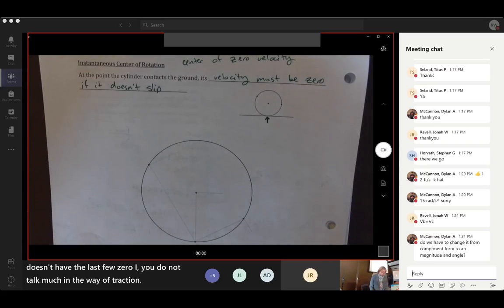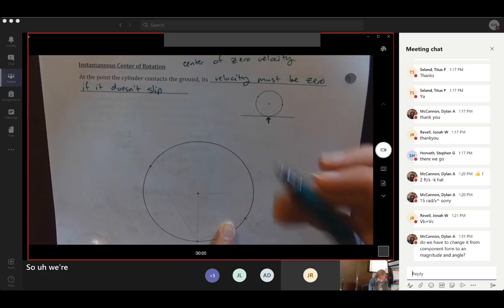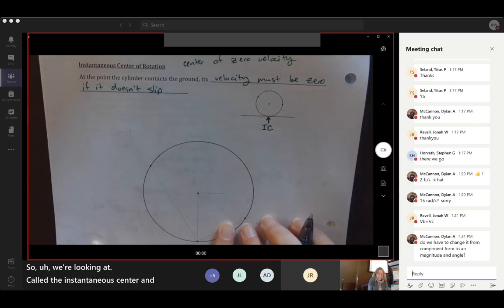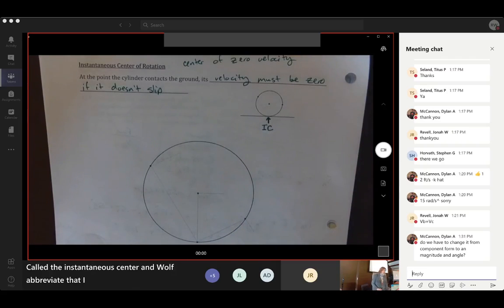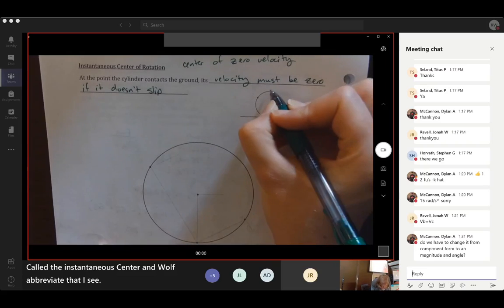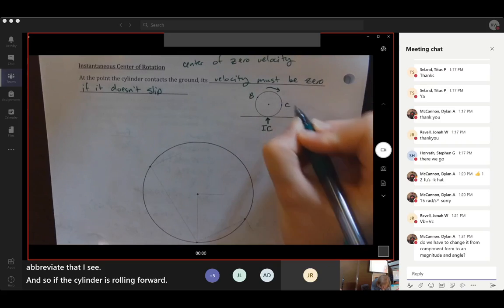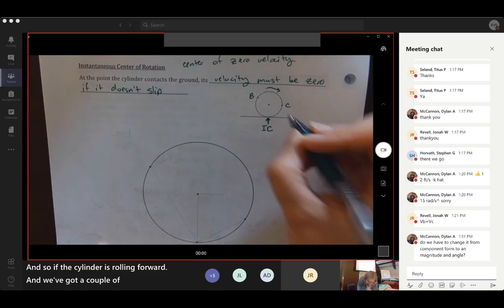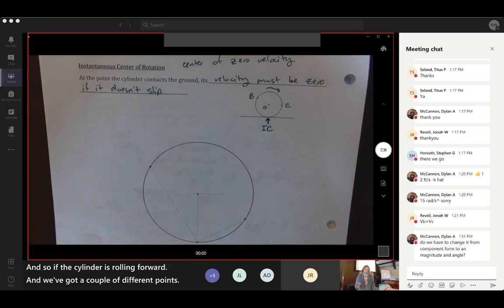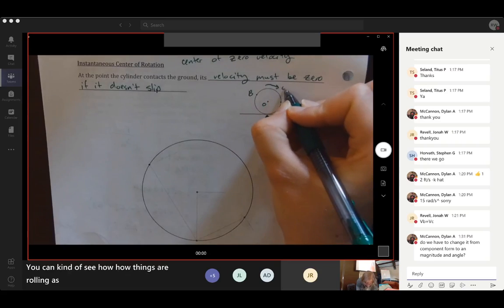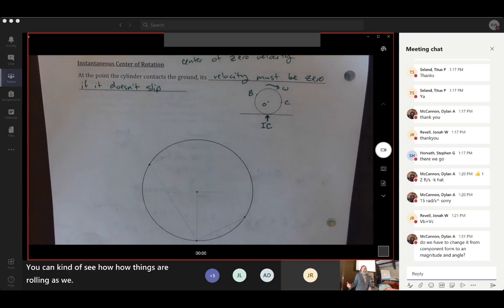So we're looking at what we call the instantaneous center, and we'll abbreviate that IC. And so if the cylinder is rolling forward, and we've got a couple of different points that we're monitoring, we can kind of see how things are rolling as we roll along.